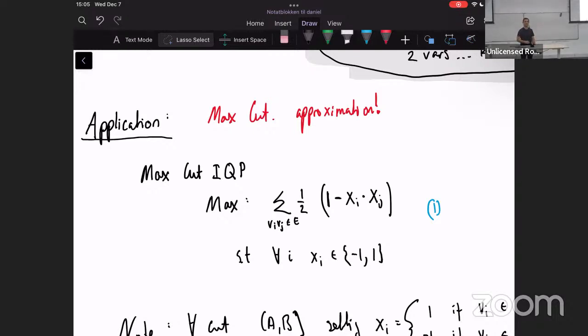Whatever the optimal cut is, you will output a cut whose value is 87.8% of that cut. And it's pretty cool because if you believe the unique games conjecture, whatever that is, then you cannot do better at all. An 0.879 approximation algorithm would violate the unique games conjecture.